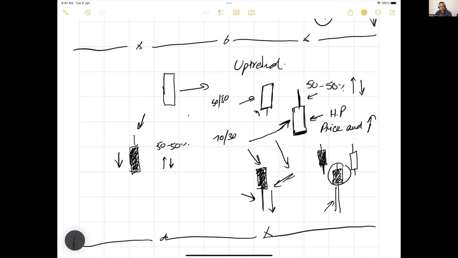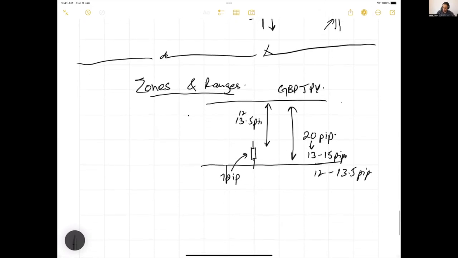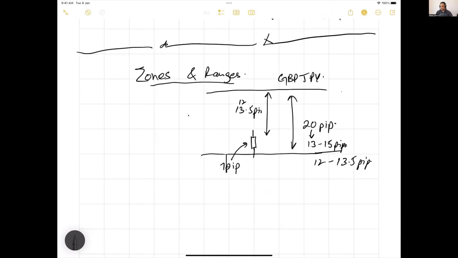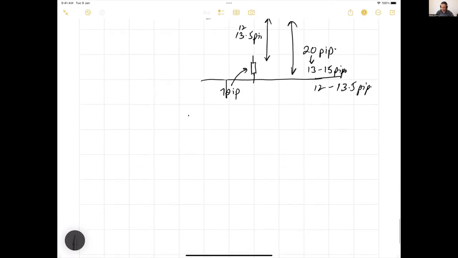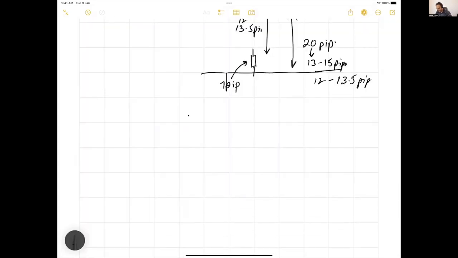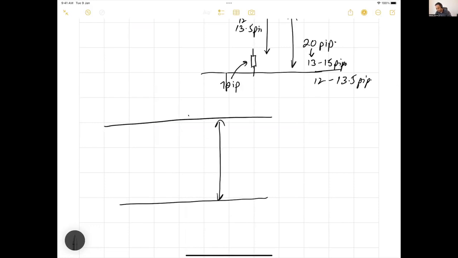Now, in the same way, oh, I just got stopped out. But in the same way, if you're looking at ranges, you need a range that's going to be enough for you to say, okay, now I can probably have a profitable trade. So instead of a 20 pip range, I would say look at maybe a 30 to 40 pip range.